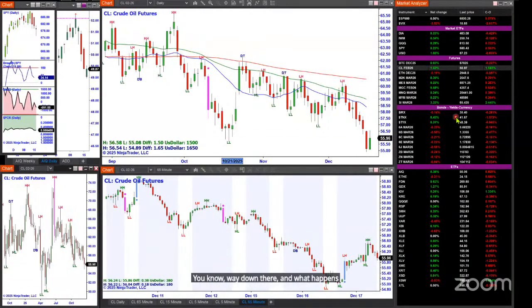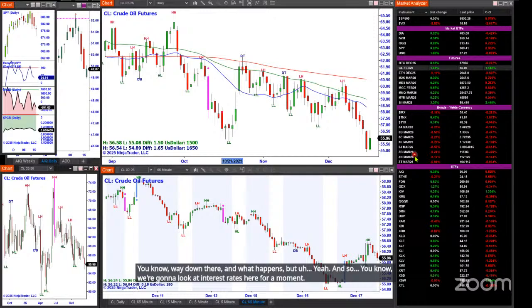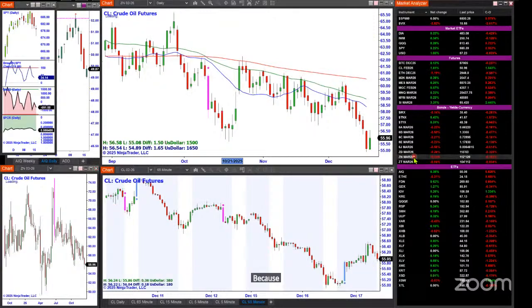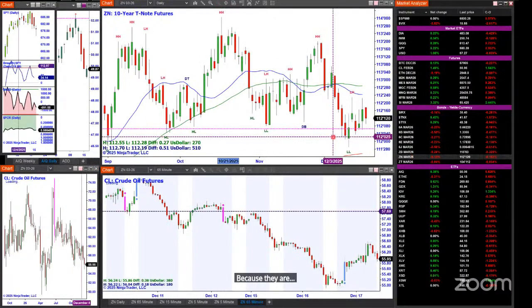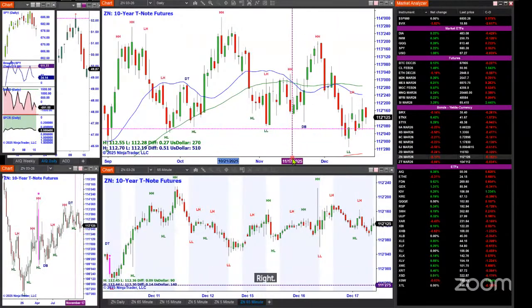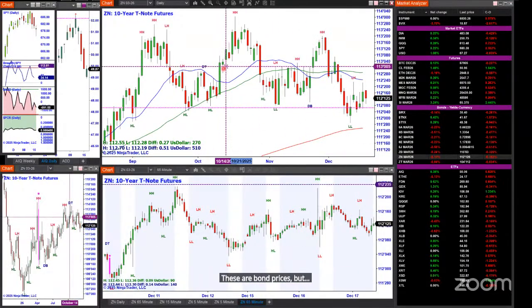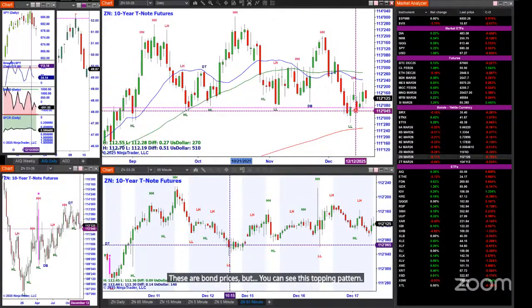But yeah. And so we're going to look at interest rates here for a moment because they are threatening. These are bond prices, but you can see this topping pattern and the break.